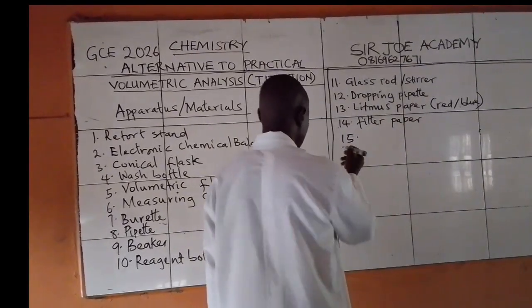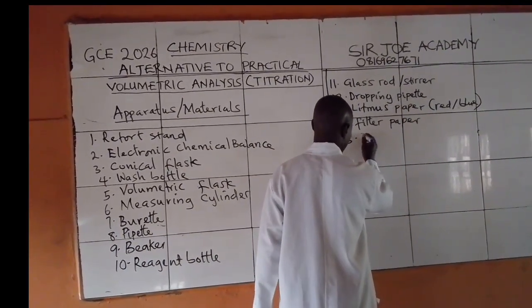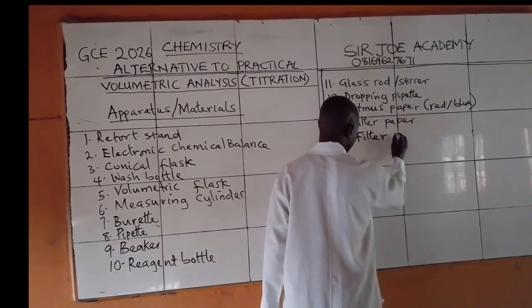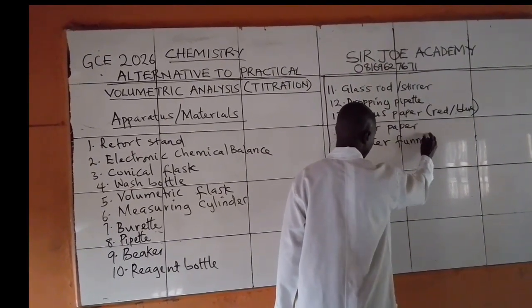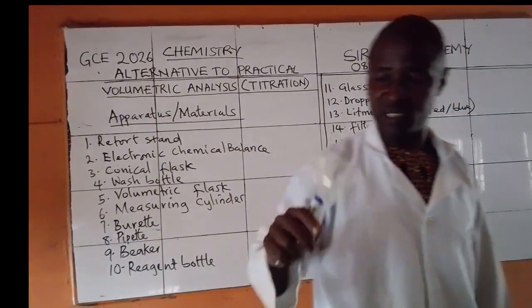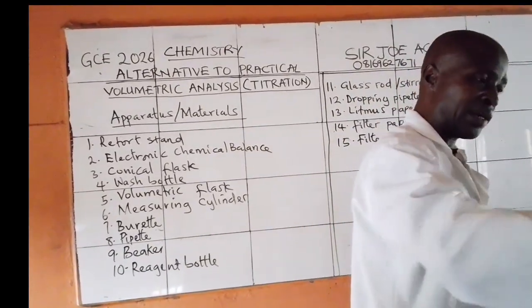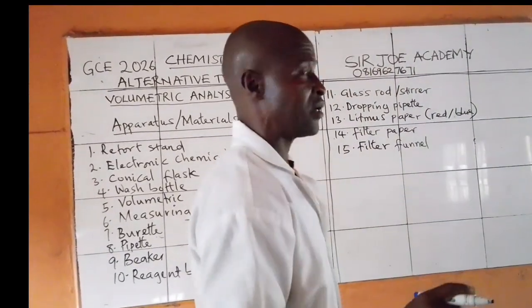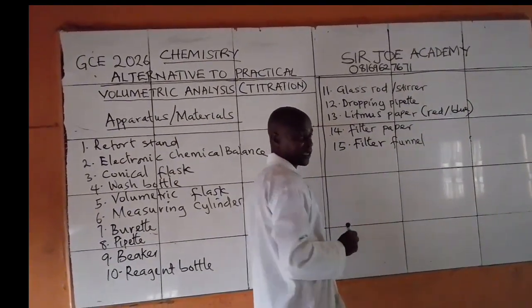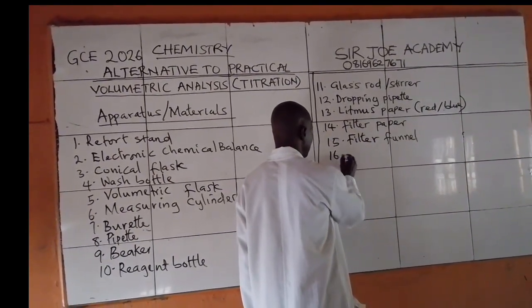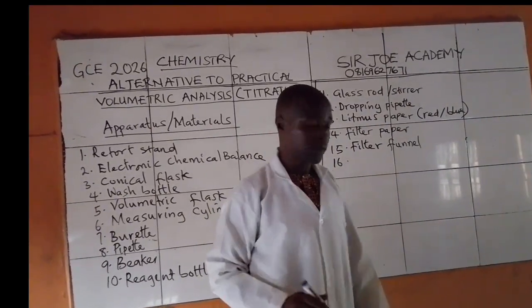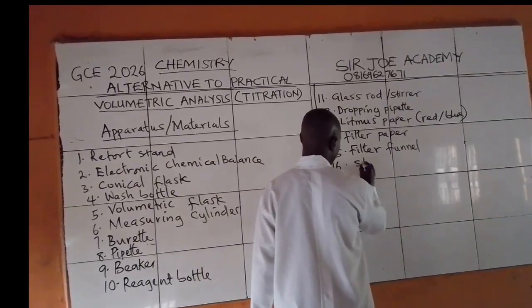Then we have filter funnel. So filter funnel is placed on top of burette when an experiment is going on. Then we have what we call stopper.